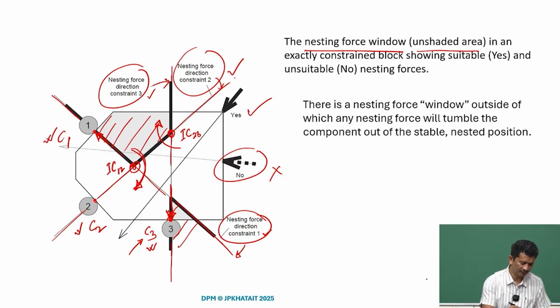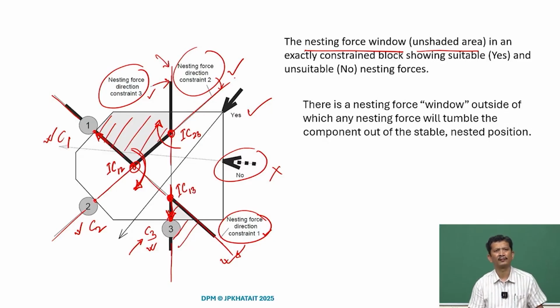Similarly, if we consider C1 and C3, the intersection point is here. C1's direction is this and C3's direction is this. So, the intersection point will be here, and we can call it IC 13, or 31, which is the same. If we consider only posts 1 and 3, the object can rotate along the axis IC 13.